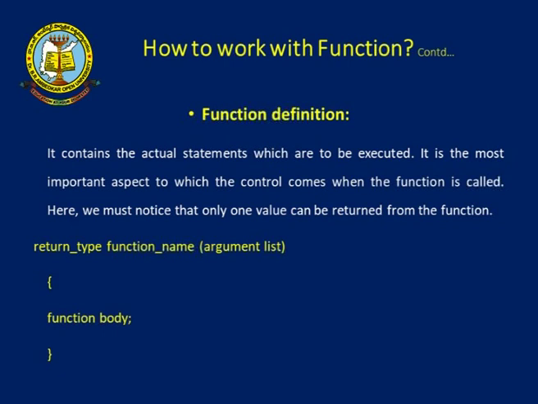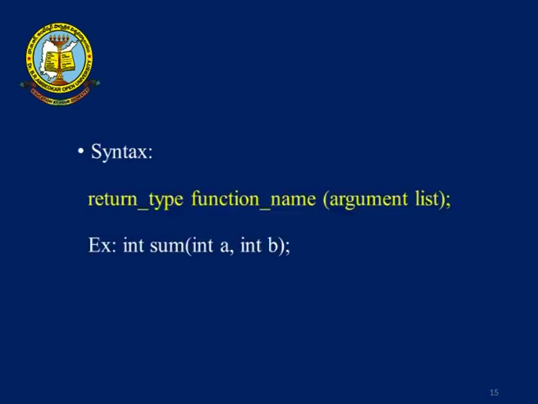And one more important point is, while writing the function definition, you must follow the same syntax as the function declaration. So, in our example, the function declaration is int sum with the argument list int a, int b. While implementing the function definition also, you must write the same signature. That is called the function definition.